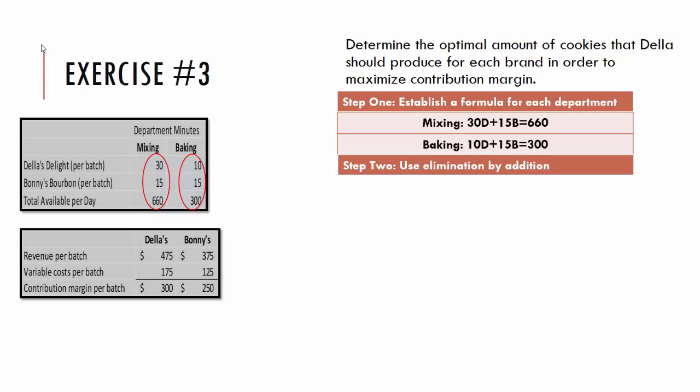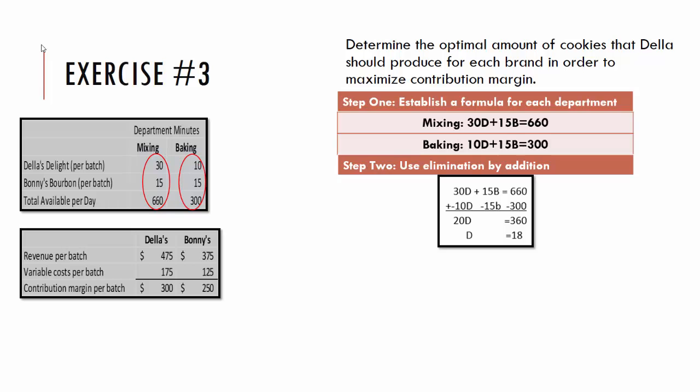And now we can figure out our mix by using a thing called elimination by addition. What you have to do in this is figure out what you have to multiply one of your two equations by, so that when you add your equations together, one of the variables goes away. So what I did here is the baking formula of 10D plus 15B equals 300.